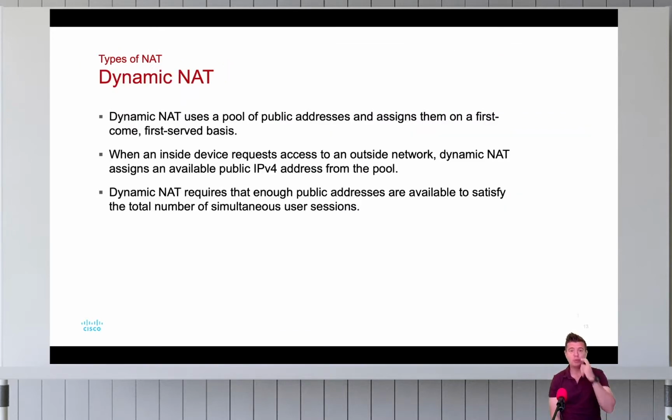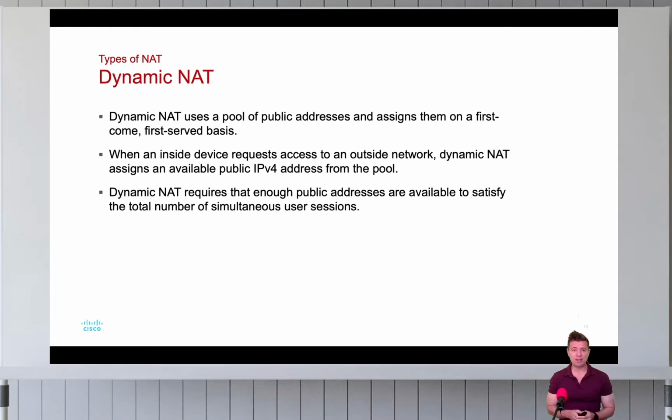Now, the next one that we get is called dynamic NAT. Dynamic NAT is closer to what you think NAT should be. It uses a pool of public addresses. So you could get 5 addresses, for instance, from your ISP. And then your internal devices can use those addresses on a first come, first served basis.